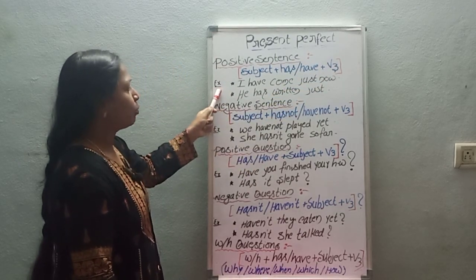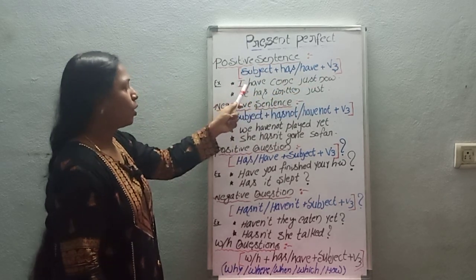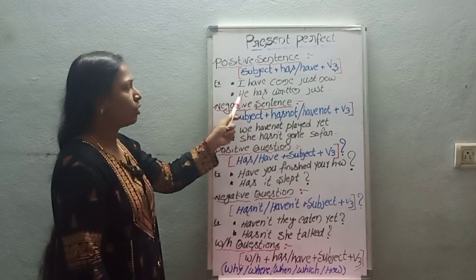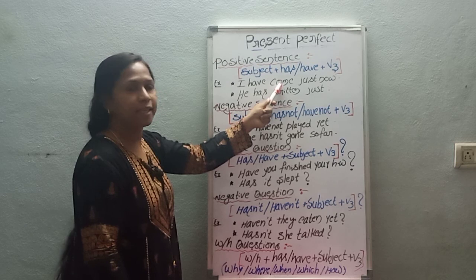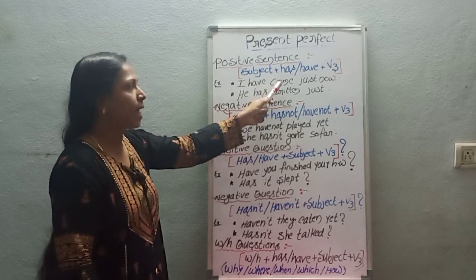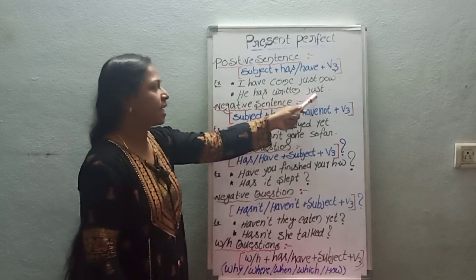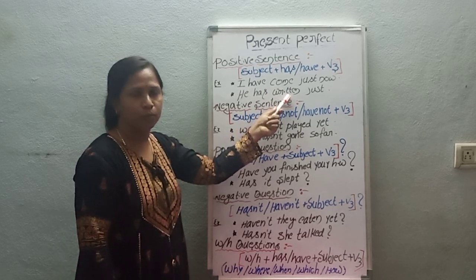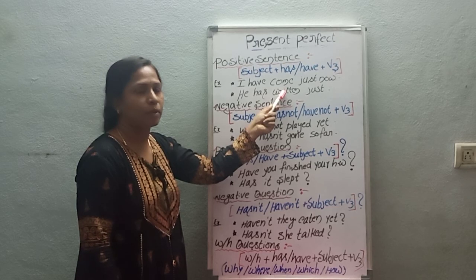The examples are: I have come just now. I used have for I, and has for the singular noun. So I have come. There is the third form of the verb, V3: come, came, come. Here, he has written just now: subject, has, and the third form of the verb. Write, wrote, written. So this is the third form of the verb.